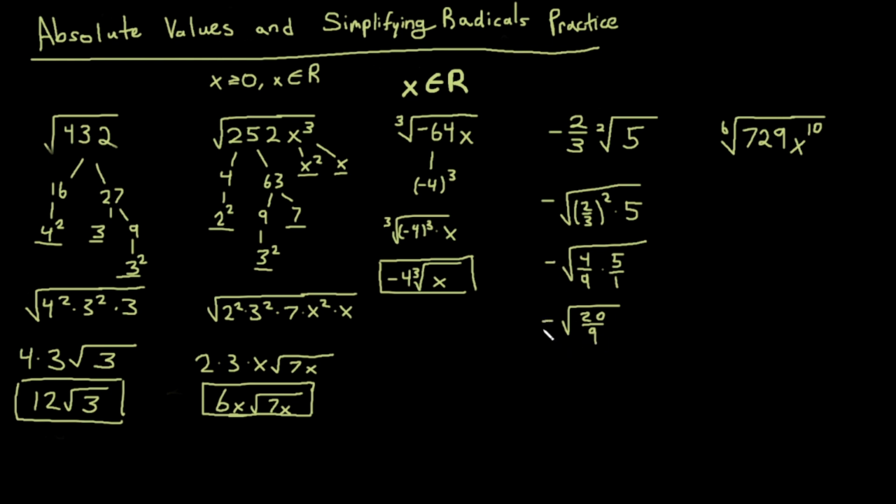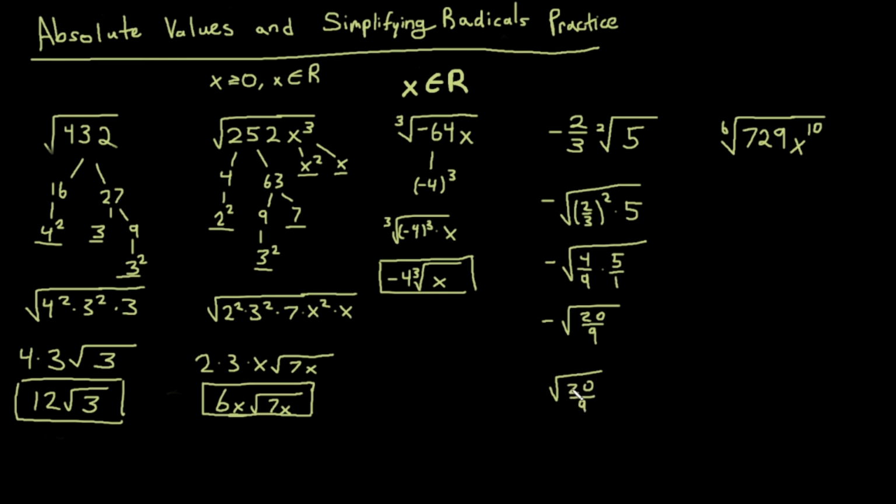Now, why don't we bring the negative inside? Well, if you were to bring this negative inside, your entire radical would no longer have a negative value. So, if we took this 2 over 3 inside, we'd square it, and by squaring a negative, you'd have a positive. So instead of having negative 20 over 9, we'd simply have 20 over 9.